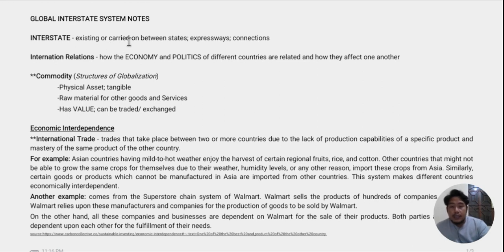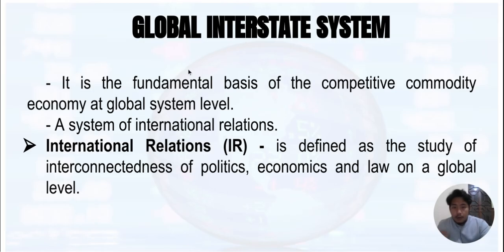You can think of it like expressways or basically connections that are formed in between countries because of international trading or global trading or the flow of goods, capital, people, etc.